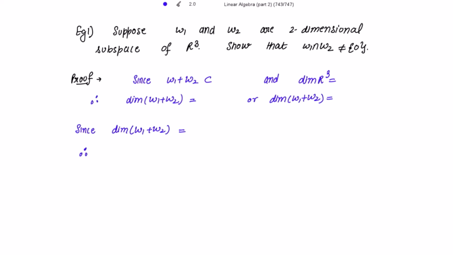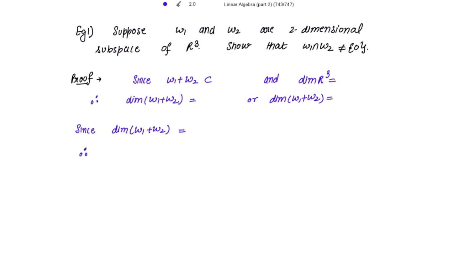Now, it's not given to us that W1 and W2 are distinct here, right? But these have dimension equal to 2, and the dimension of R3 is 3. So we should take the dimension of W1 plus W2. We can take this dimension to be equal to 2, starting from 2.